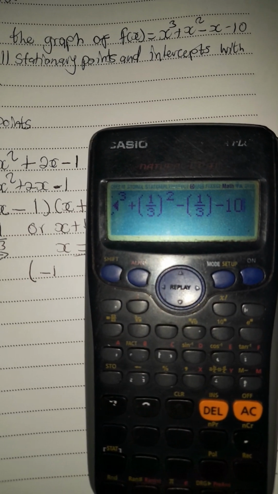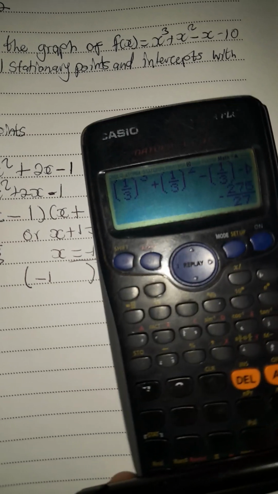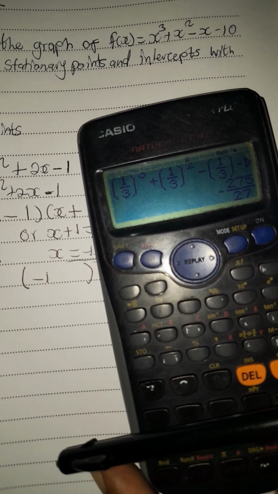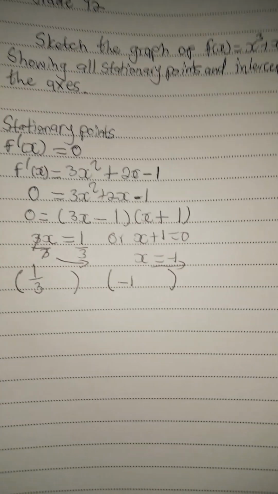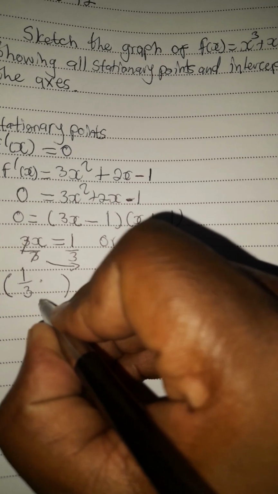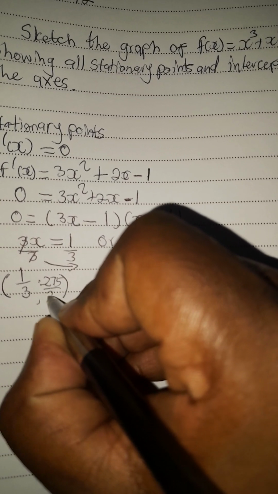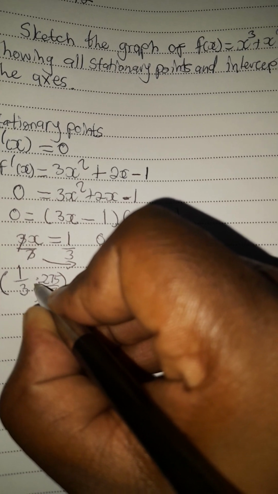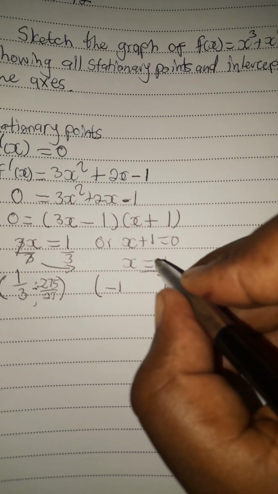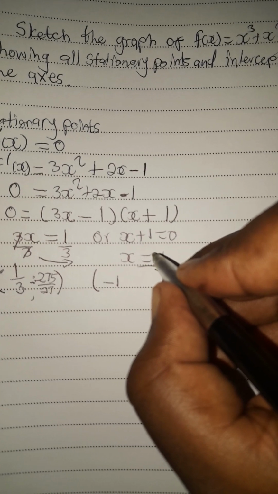What are we going to get? We are getting negative 275 divided by 27. So it's going to be negative 275 divided by 27.